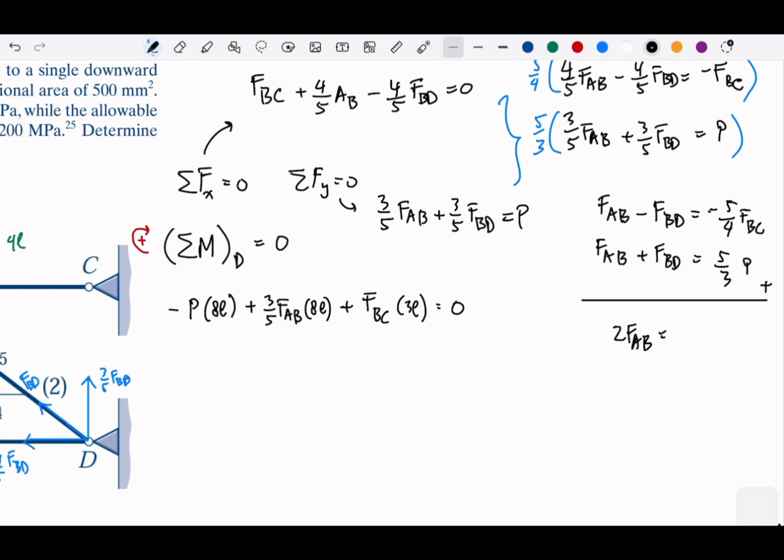So FAB is negative 5 over 4 FBC plus 5 over 3P.